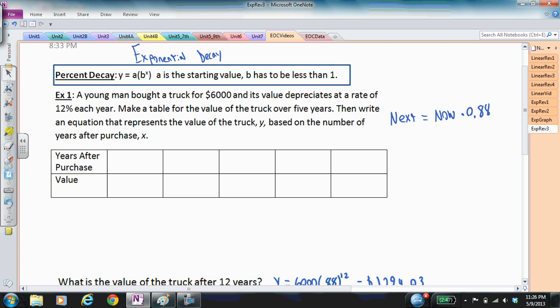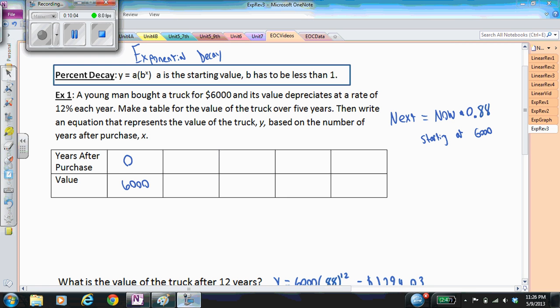So I have to multiply by 0.88 each time. So next equals now times 0.88, starting at 6,000. So 0 years after purchase, the value of the truck is 6,000, and I'm just going to keep multiplying by 0.88 to fill in the table, and I'll pause the video and fill that in.